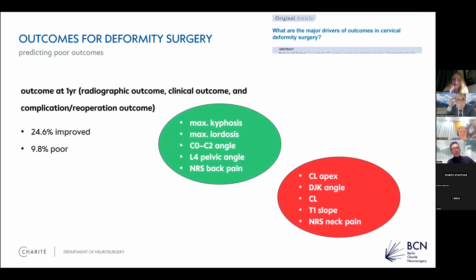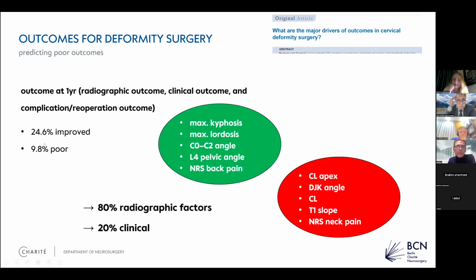And this is really showing that patients improve to 80% due to a reestablishment of the radiographic factors. And this brings me back to the discussion whether it's important to normalize this profile of the cervical spine.